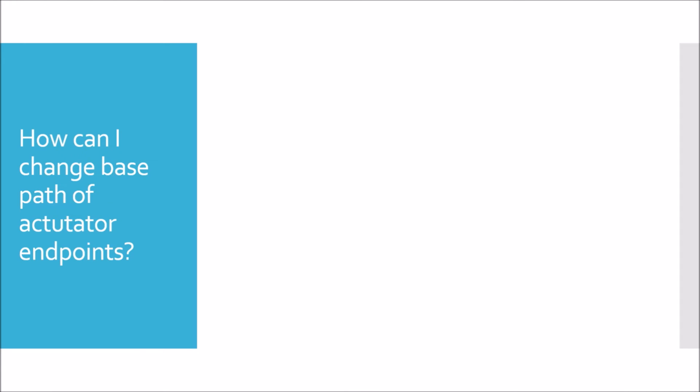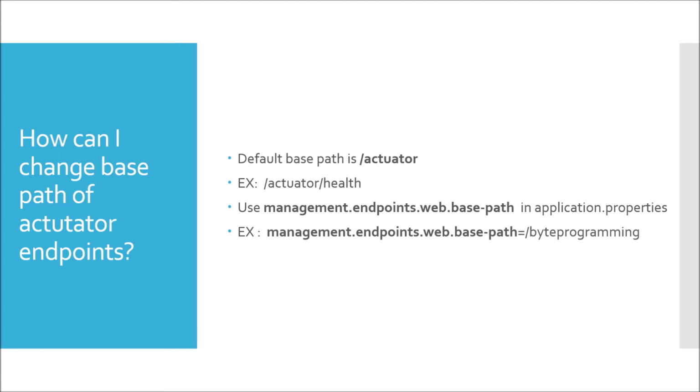How can I change base path of Actuator endpoints? Default base path is /actuator, example /actuator/health. We can use management.endpoints.web.base-path in application.properties to change base path.